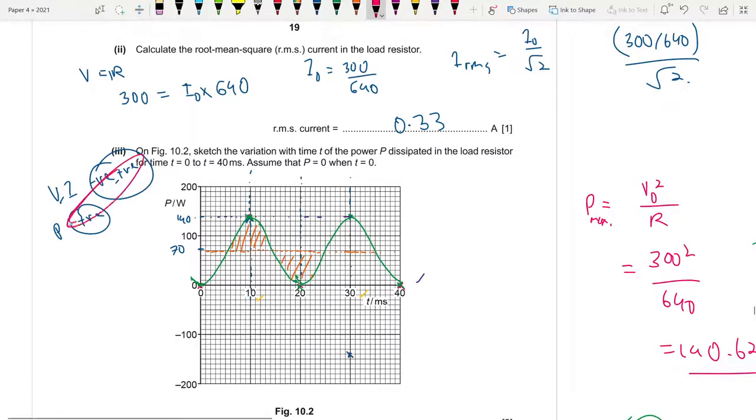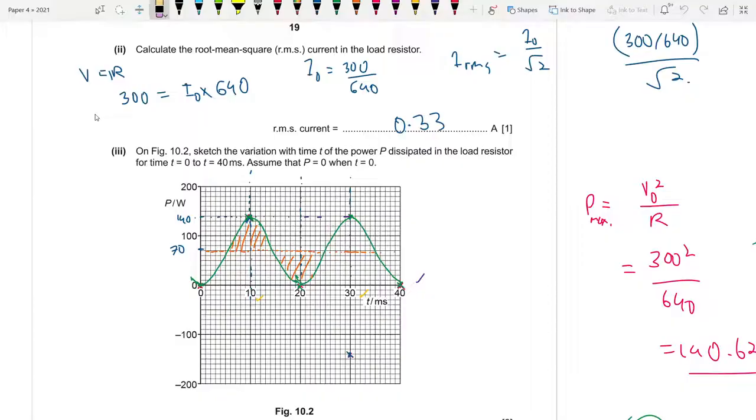Now the tough one. On figure 10.2, sketch the variation with time of the power P dissipated in the load resistor for time 0 to 40 milliseconds. Assume that when P is equal to 0, T is also equal to 0. Hear me out.